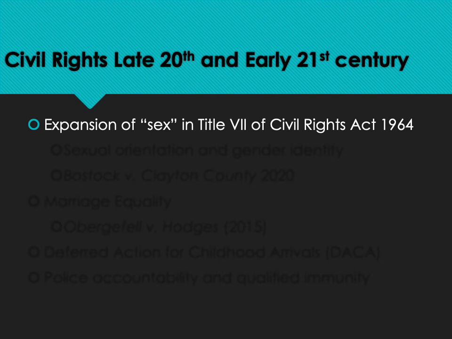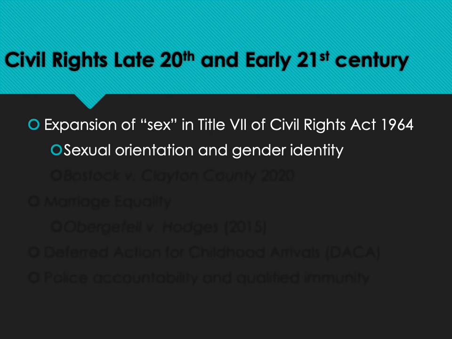Well, just this summer, there was a landmark case heard by the Supreme Court, Bostock versus Clayton County, Georgia, decided in 2020. The question before the court was whether Title VII of the Civil Rights Act applies to sexual orientation and gender identity.